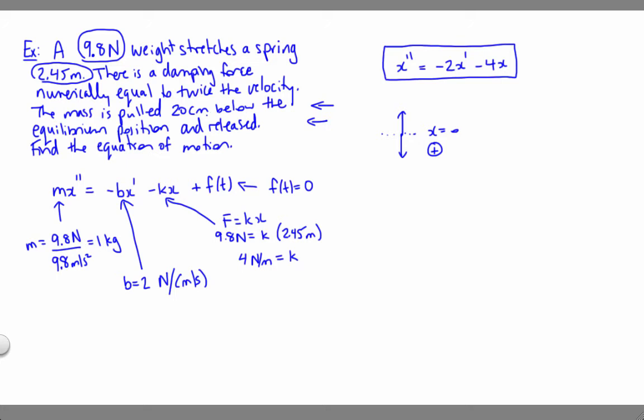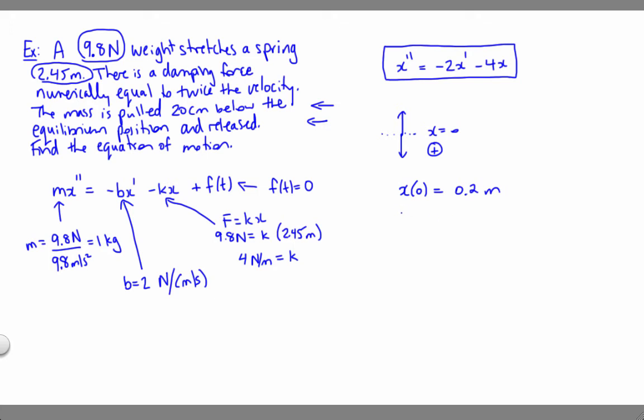So if the mass is initially starting 20 centimeters below equilibrium position, then the position of the mass at time 0, x of 0, is going to be something positive, and we want to represent this as 20 centimeters. Well, remember that x is measured in meters, so really the correct thing to write here would be 0.2 meters. So the units are important here. Often you will have to make a conversion from centimeters to meters in writing down these initial conditions.